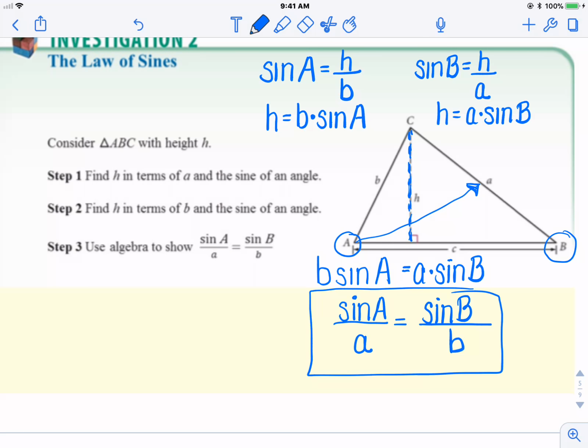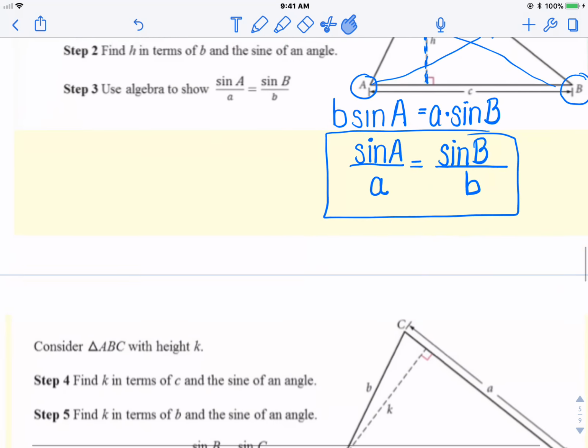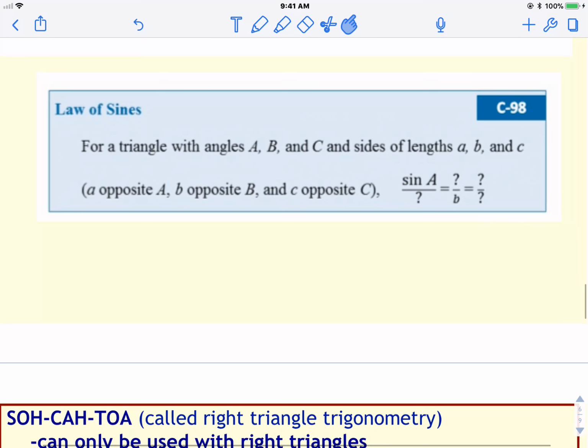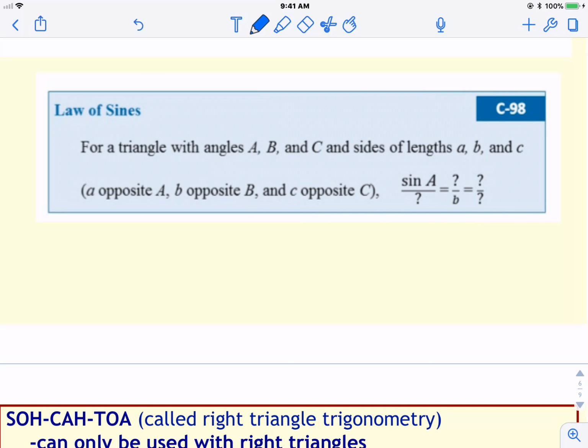And sine from angle B can get put into ratio with the side directly across from it. And therefore, those two things have to be equal if they would each be able to be used to calculate the height of that triangle, that side, that H. The more of this you read and the more of this you look at, you'll come to see that this could be done from any of the sides of a triangle, and it doesn't have to be a right triangle.